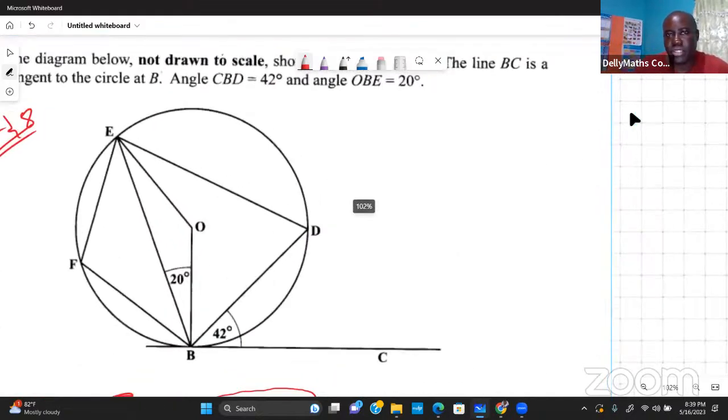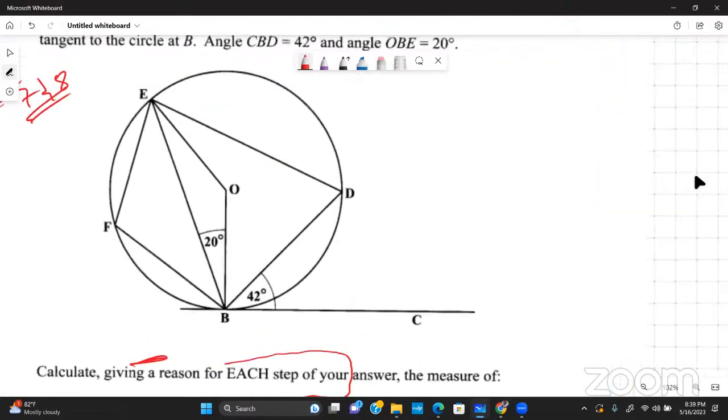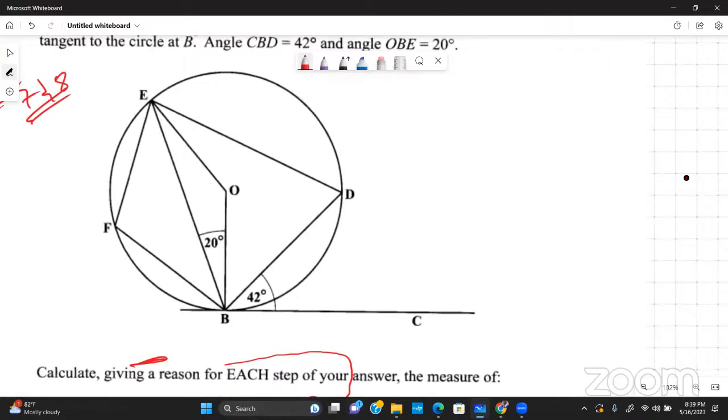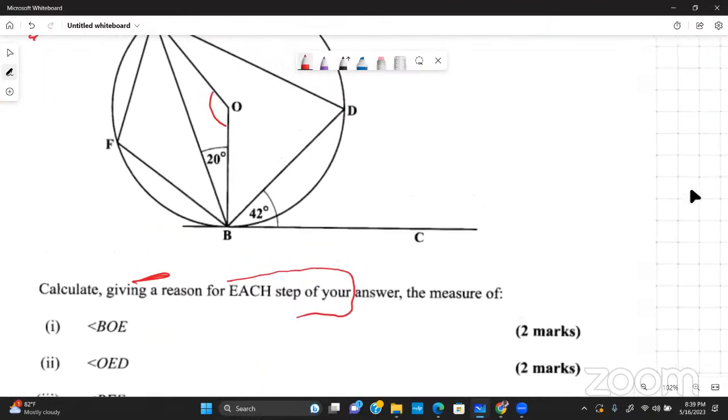Let me take myself off the screen a bit, so I need some space. There is your BOE. All right, so that's your BOE.